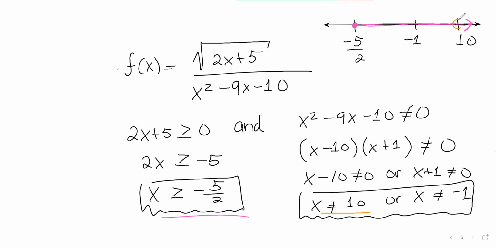So it could be all numbers on the number line except 10. And the last restriction, x cannot equal negative 1. So here, let's put the circle there. So x can be all numbers except negative 1.